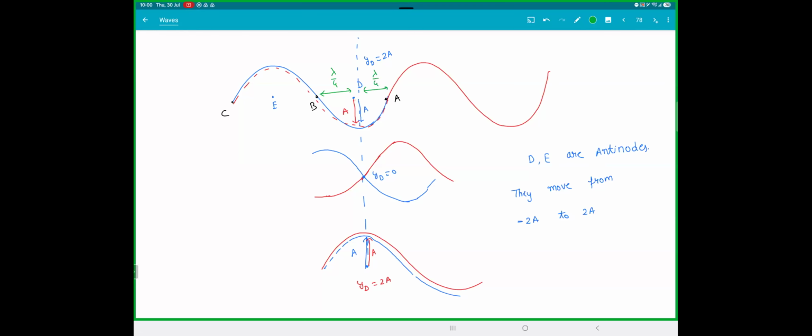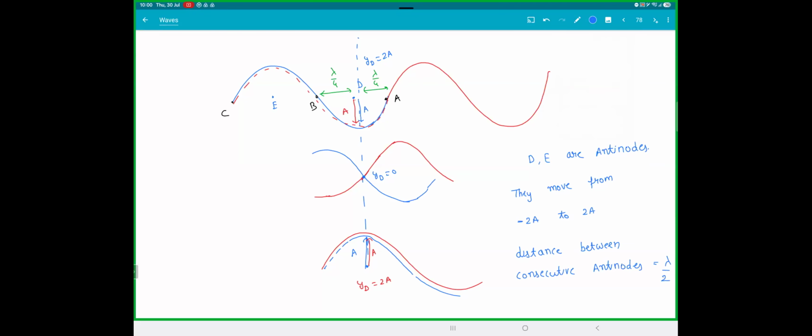They are exactly in the middle of the nodes. So distance between two consecutive antinodes is lambda by 2. Distance between node and antinode is lambda by 4. There, I didn't write a single equation. We just saw pictures. But are the pictures making sense, everyone?